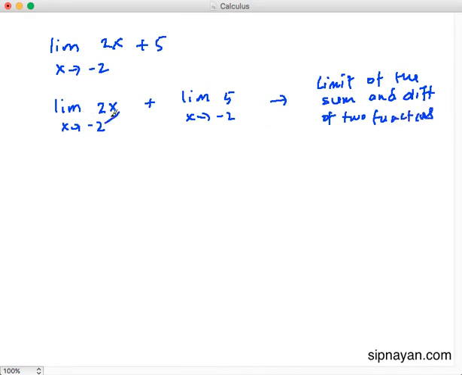Okay? Tapos ito, pwede nating split yan dahil yan ay product, no?